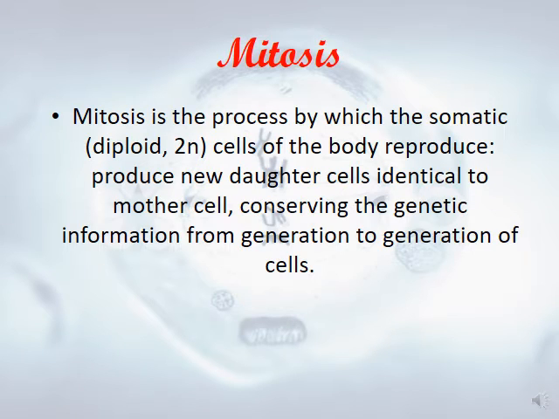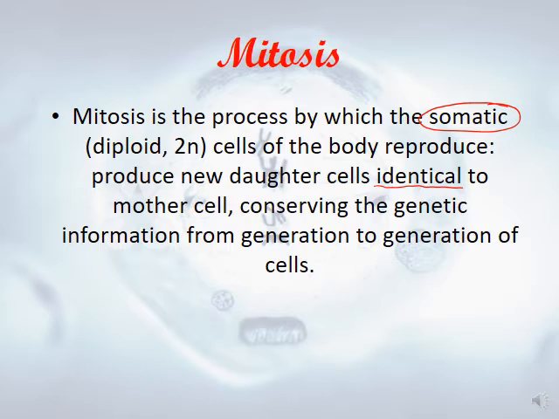So what is mitosis? Mitosis is the process by which the somatic cells, the diploid cells of the body, reproduce. They produce new daughter cells. These daughter cells are identical. They are very similar to the mother cell, and they conserve the genetic information from one generation to another.